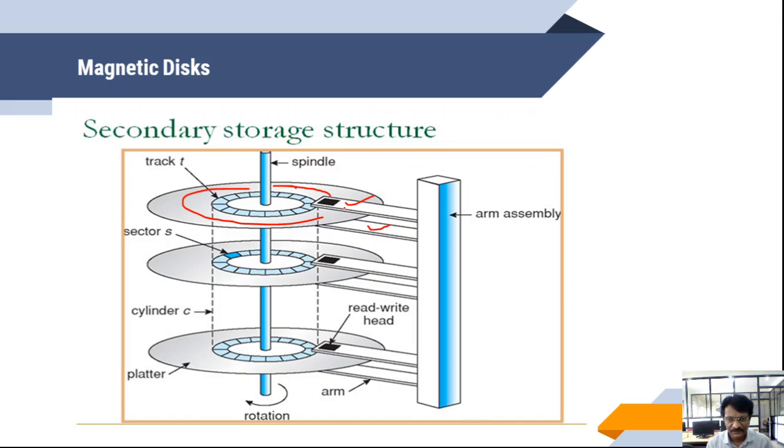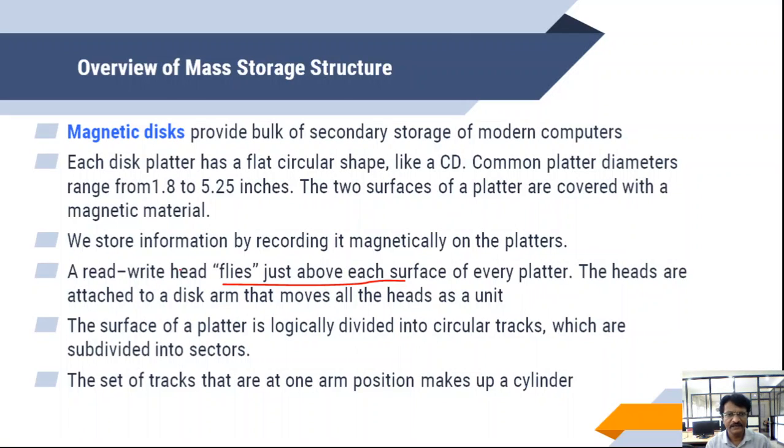See, this particular arm which holds these read-write heads moves simultaneously in and out, like this. So this is how it reads. We need to understand that the read-write head flies.